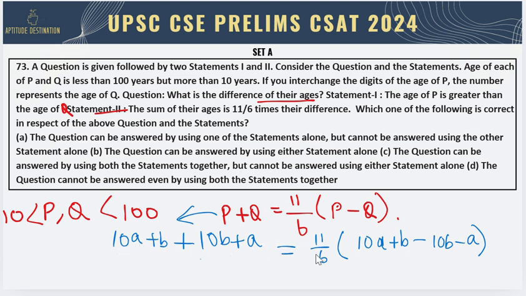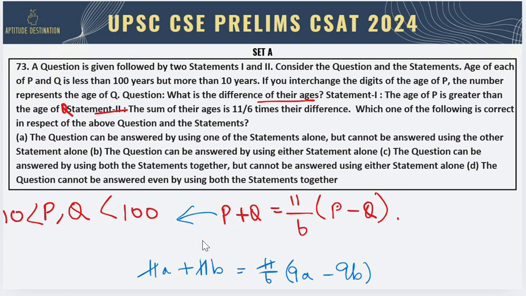Now if I solve this, I'll get 11A plus 11B equals 11 by 6 into 10A minus A is 9A, B minus 10B is minus 9B. Now we know that 11 is common on both sides, so I'm cancelling out the 11.